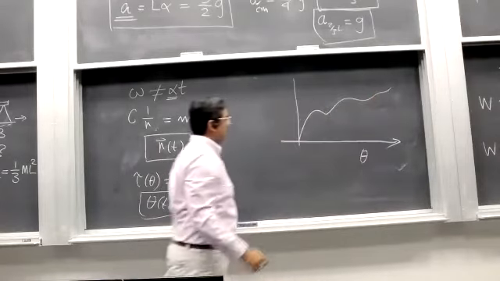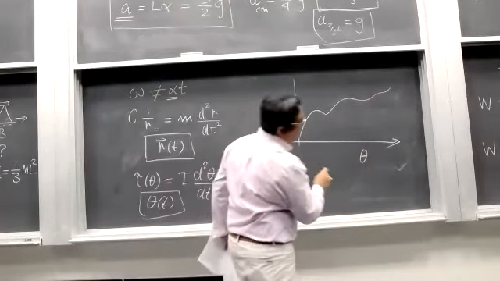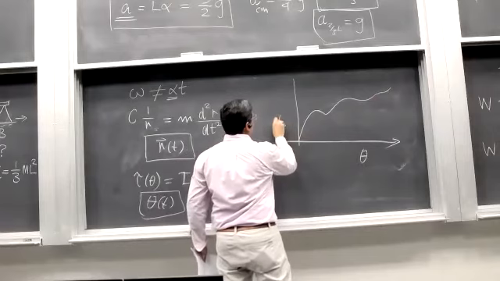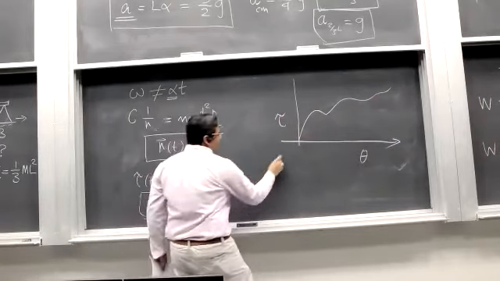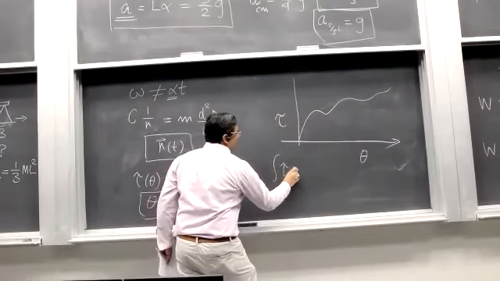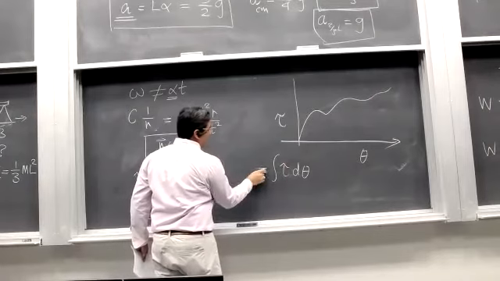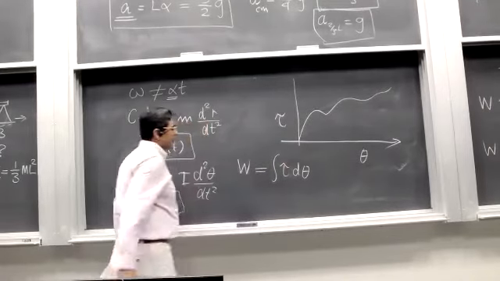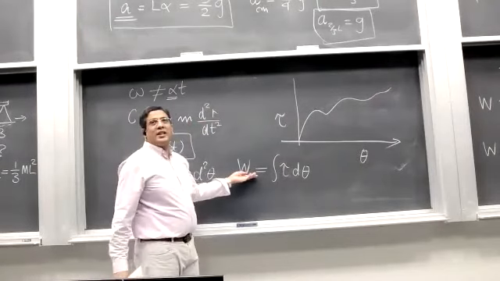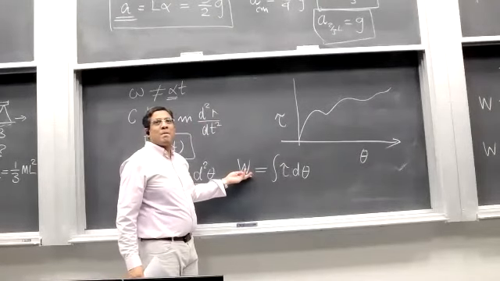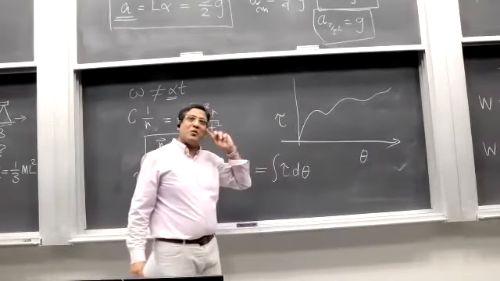In this case the function is torque, and the integration of tau d theta would give me work. But this work is poorly defined, because I haven't specified the limits on theta, how much work.